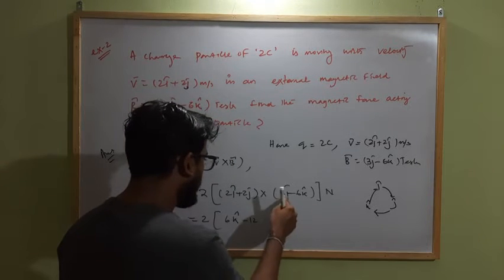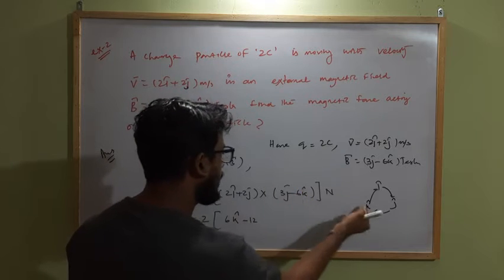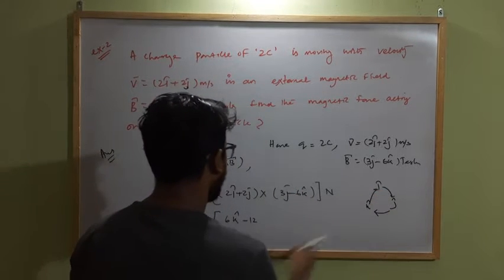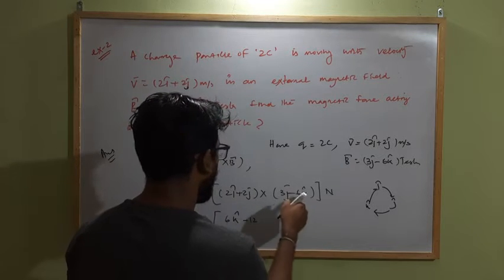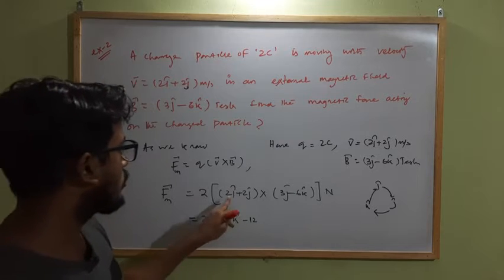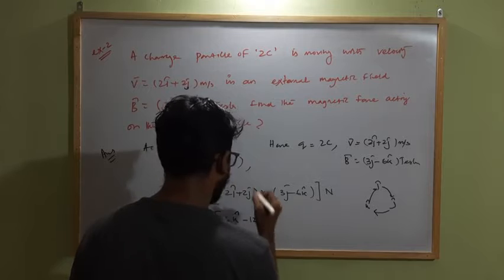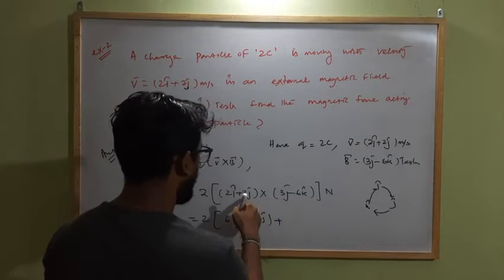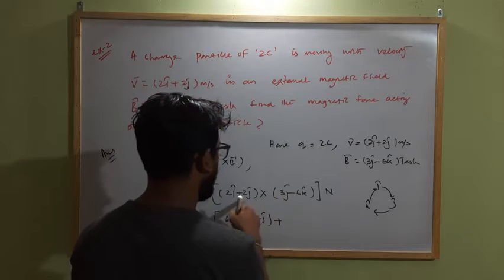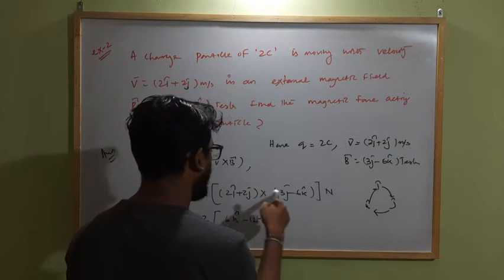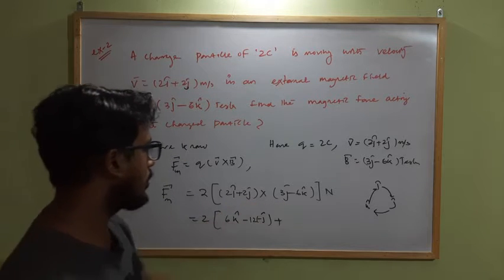So here i cross j will be k, that is 6k cap. Again, k cross i will be j, so i cross k equals minus j. So 2 into 6 equals 12, 2 into minus 6, minus 12 into minus j cap, plus 2 into 3, 2i cap, 3j cap, and 2j cap into 3j cap, j cap cross j cap is 0, so this term will become 0.